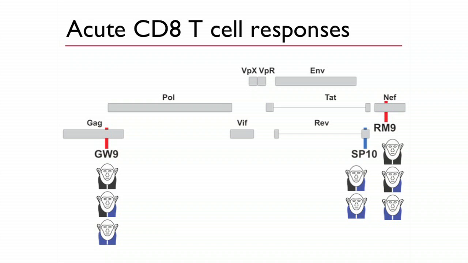But only the M3 containing animals would make a T cell response to this epitope in REV that we call SP10. And we can use this model to try to understand whether escape has to happen in A, and then B, and then C, and so on.